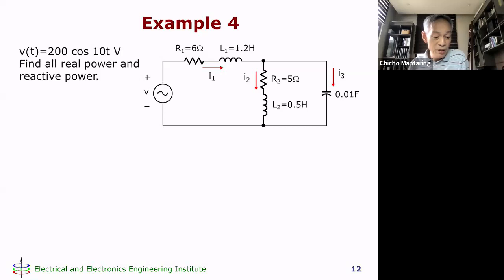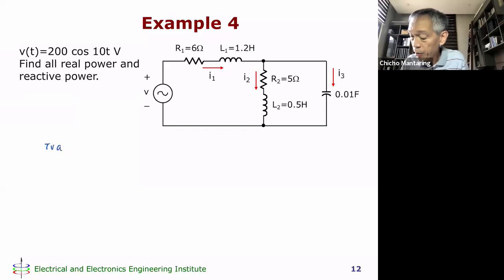So how do you suggest we solve this problem? Almost always, when you see a problem like this, the first thing that you have to do is transform the network.